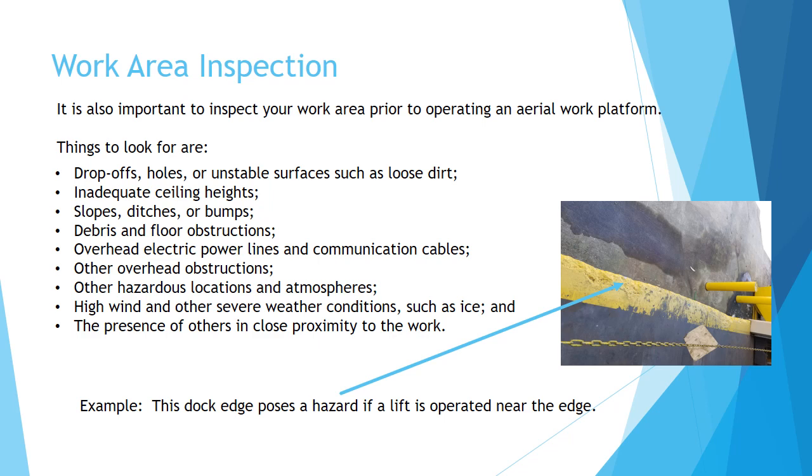Things to look for are drop-offs, holes, or unstable surfaces such as loose dirt, inadequate ceiling heights, slopes, ditches, or bumps, debris and floor obstructions, overhead electric power lines and communication cables, other overhead obstructions, other hazardous locations and atmospheres, high wind and other severe conditions such as ice, and the presence of others in close proximity to the work.